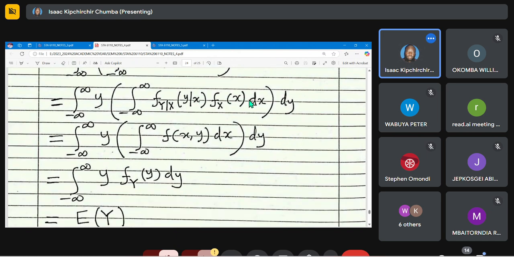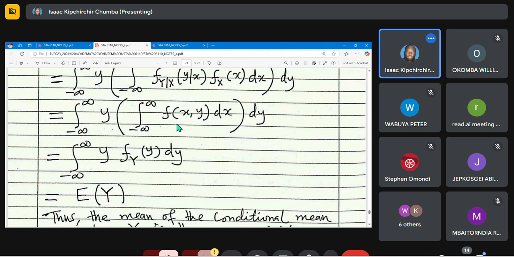If you come here, this is the conditional of Y given X times the marginal of X. Remember what we saw earlier? The conditional of Y given X times the marginal of X gives you the joint. So this conditional of Y given X times the marginal will give me the joint of X and Y. You can see the way our notations work. So now I'm integrating the joint over X. But if you integrate the joint over X, you get the marginal of Y. So this integral in this parenthesis here is actually the marginal of Y. Look at our notation, f_Y of y.